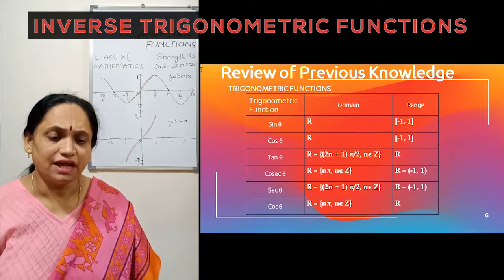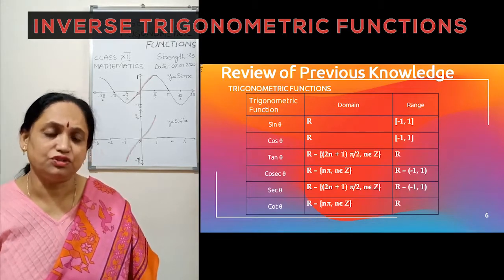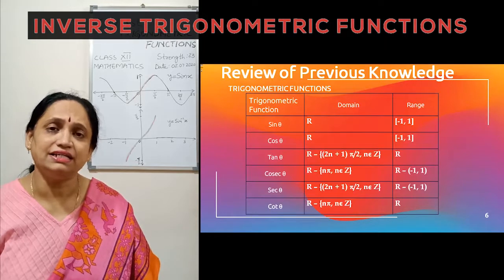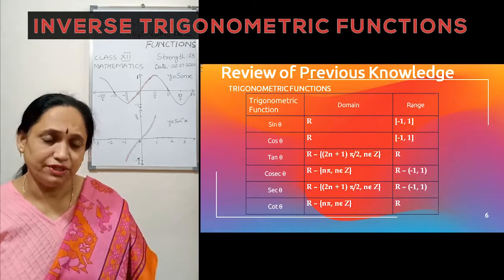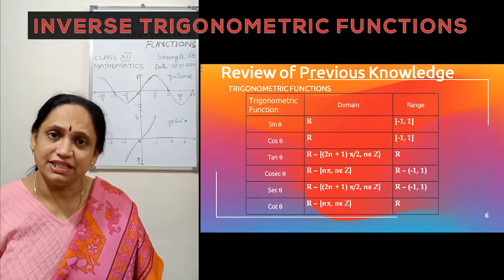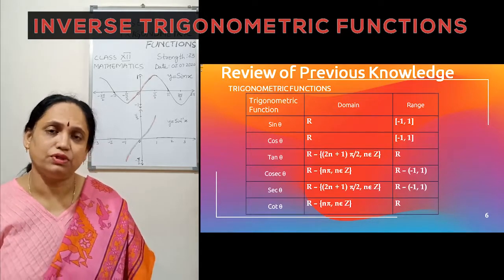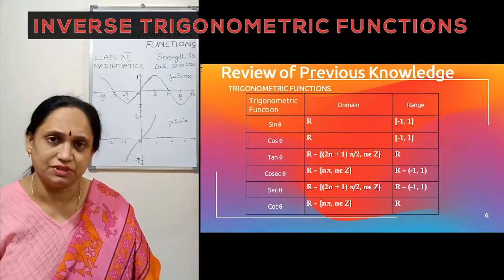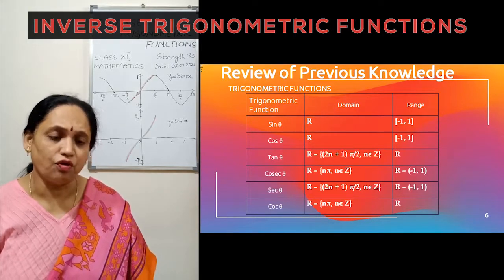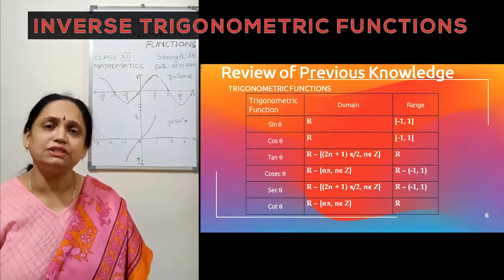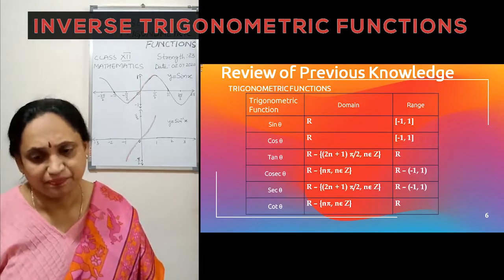For the tan and the secant functions, the domain is the same, as tan and secant are not defined at odd multiples of pi by 2. The domain of tan and secant is the set of all real numbers except the odd multiples of pi by 2, whereas the domain of cosecant and cot is the set of all real numbers except the multiples of pi.